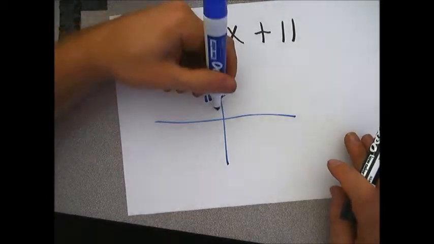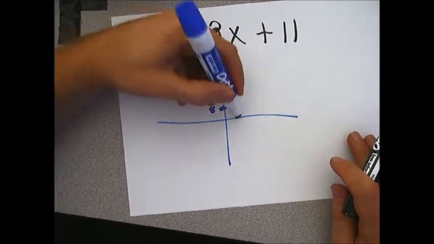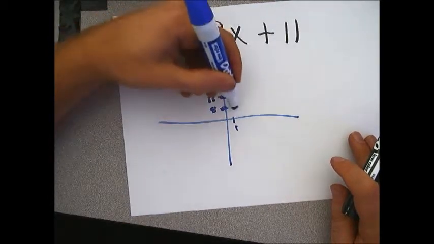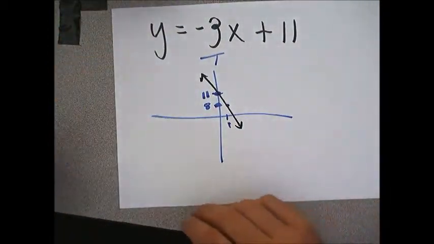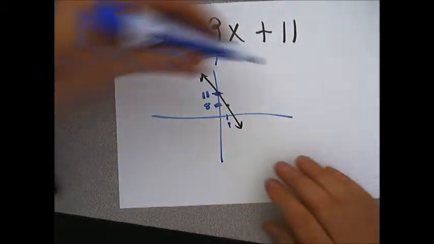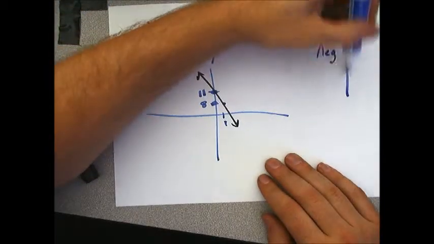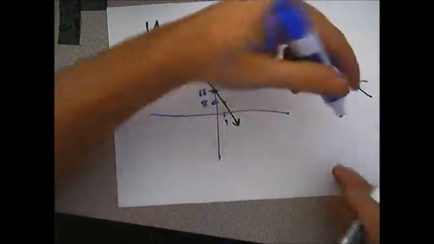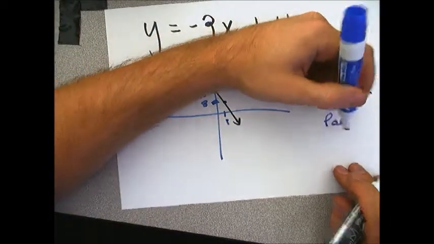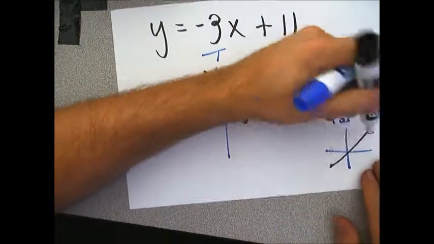So I'm going to go down 3, which takes me to 8, and I'm going to go over 1. And there would be my line. Remember that negative slopes go this way. So if I have a negative slope, it would be going that way. If I have a positive slope, it would be going that way.